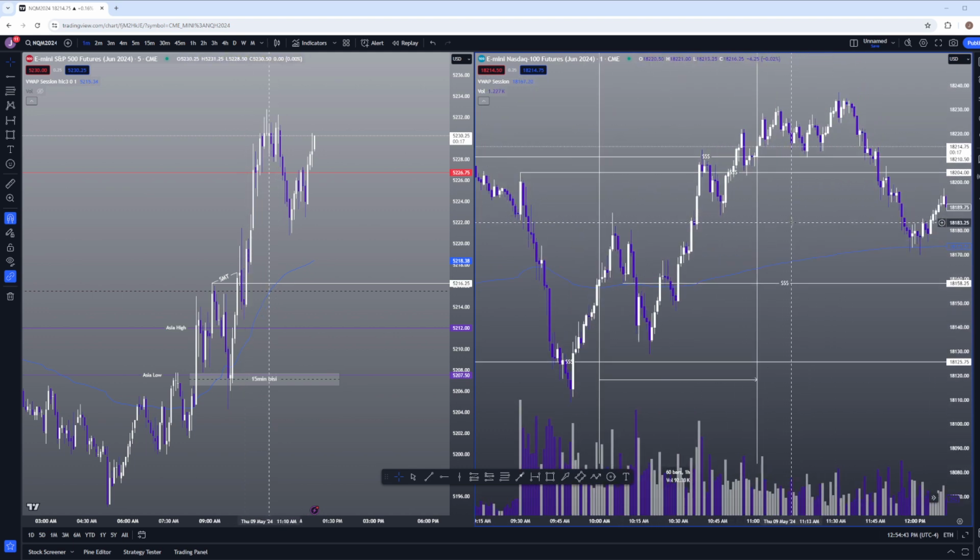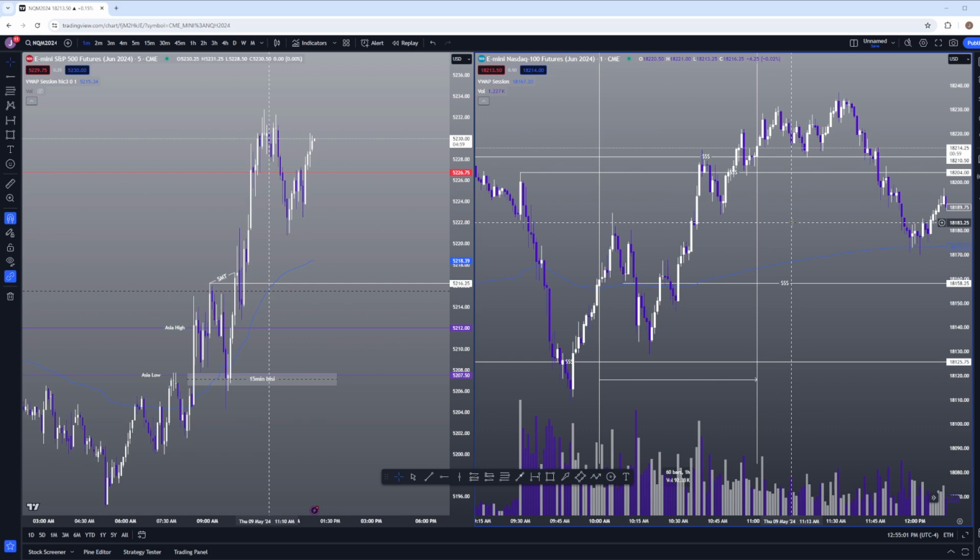So basically, to sum it up, I know I've said this a lot, but I just want you guys to really understand this concept. You're looking for what is our draw on liquidity. Does that draw on liquidity align with our daily bias?